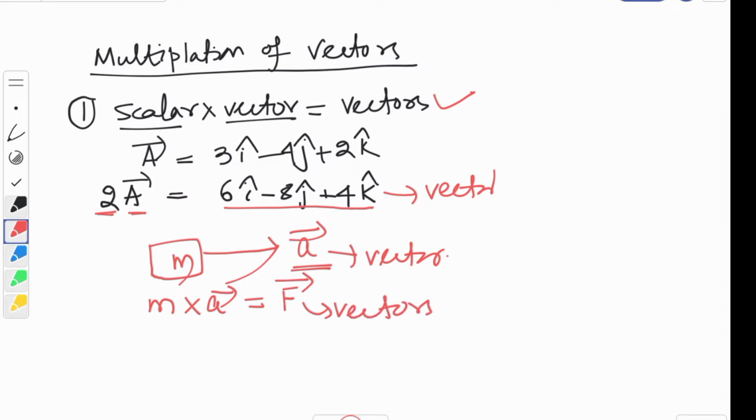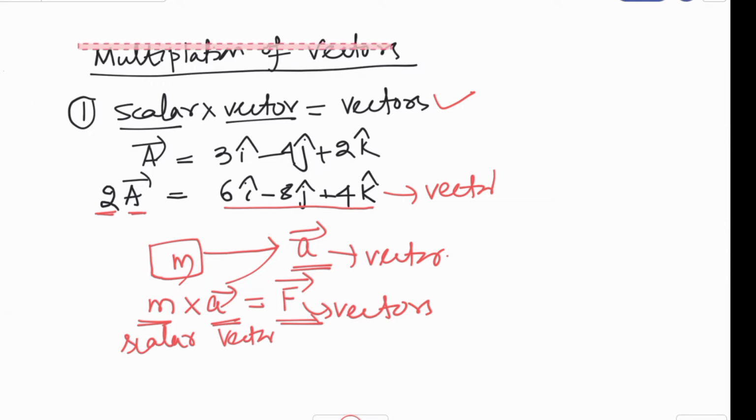This is your scalar, simply a value. Scalar has magnitude only, that means value only, a number. And acceleration is a vector quantity. So now your force is a vector. Clear?